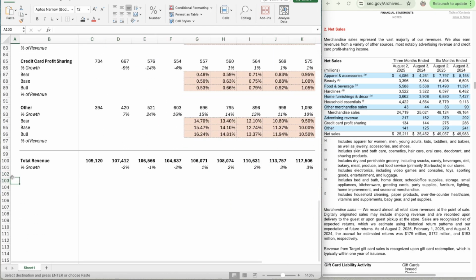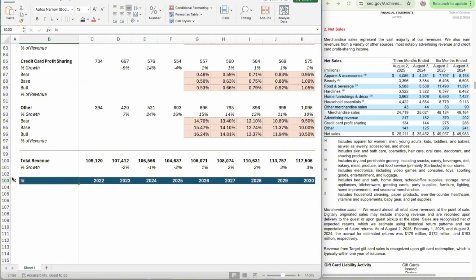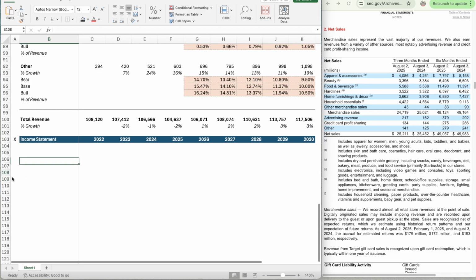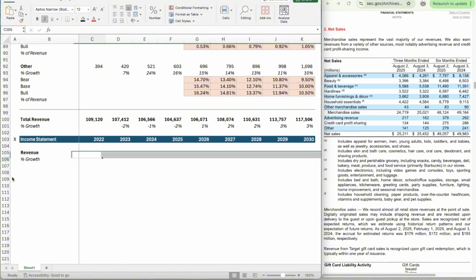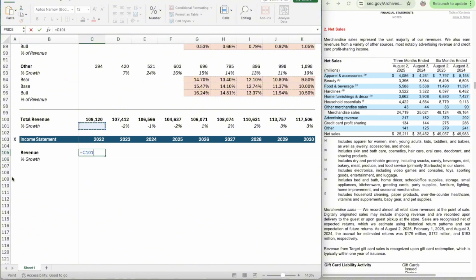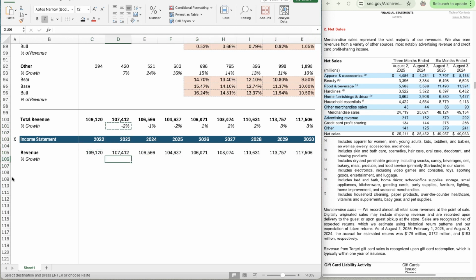Now we go into the income statement, and we only need two items here. One of them being revenue, which we have. And now the other one is going to be net income.